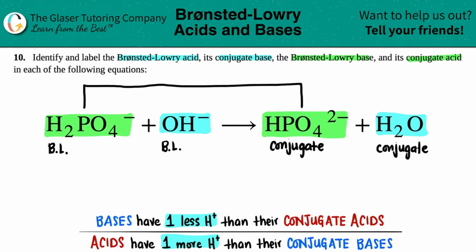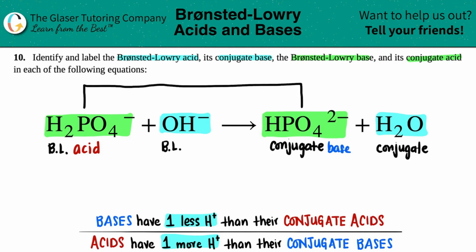So just look at the hydrogens between the pairs. In this one, I have two hydrogens. In this one, HPO4 2 minus, I have only one hydrogen. The acid always has one more, so it makes sense that H2PO4 minus would be the acid, and it's the Bronsted-Lowry acid because it's on the left side, and then HPO4 2 minus would have to be the conjugate base.